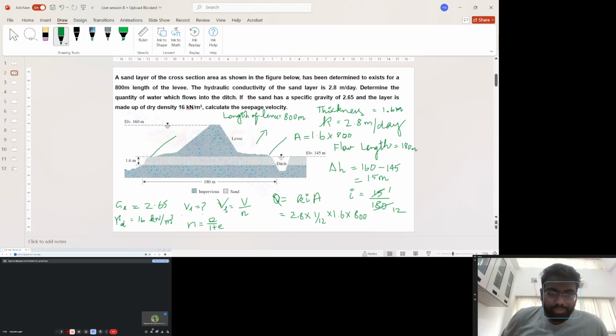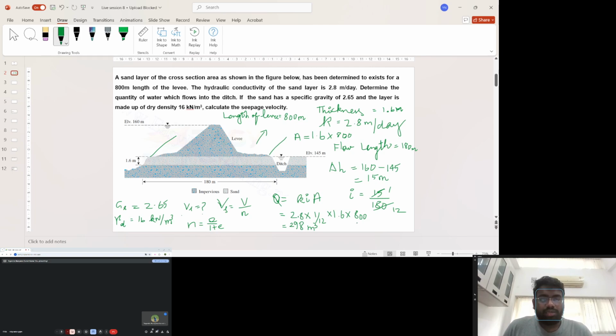The first quantity which we have to determine is the quantity of water that flows into the ditch. That will be 298 meter cube.